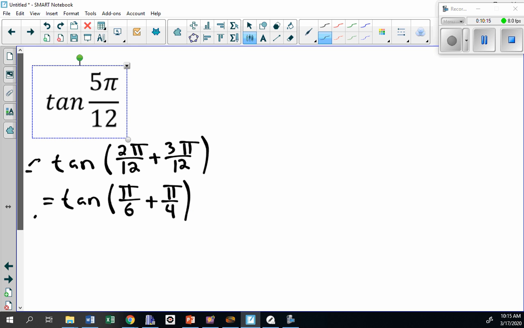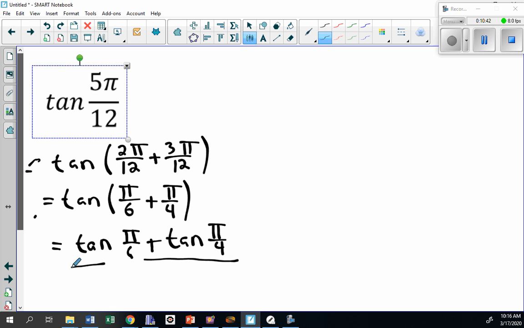All right then. So now we have an identity. We have an addition for a tangent, so of two angles. So from the formula sheet, then I'm going to go tan angle A, pi over 6, plus tan angle B, which is pi over 4, all over 1 minus tan angle A. We're going to have to figure out how to change this.